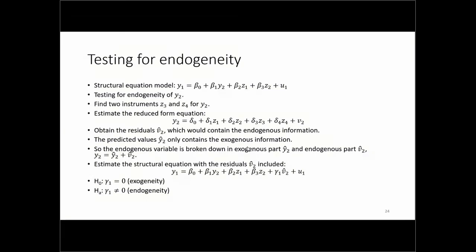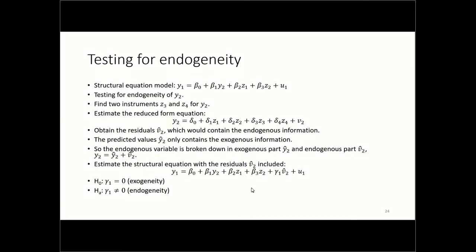And again, the endogenous variable would be broken down into an exogenous part, which is the predicted value, and the endogenous part, which is the residuals from this regression. And we can now estimate the structural equation model with the residuals being part of this model. So we could go back, re-estimate this model with the residuals, and then look at this gamma 1 coefficient.